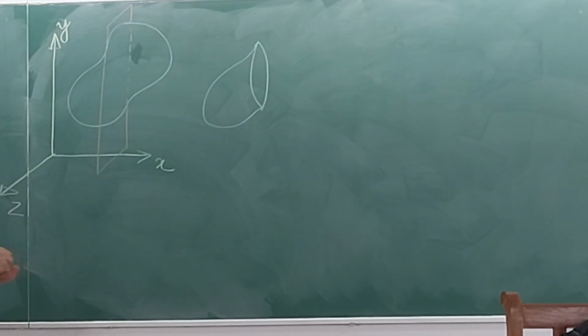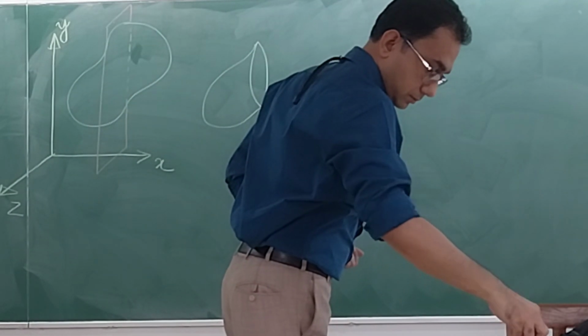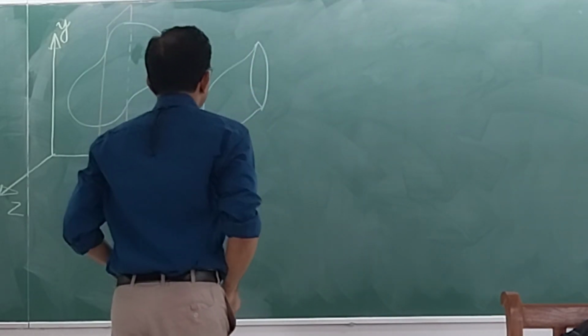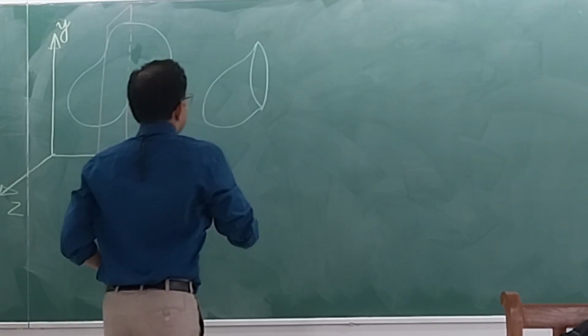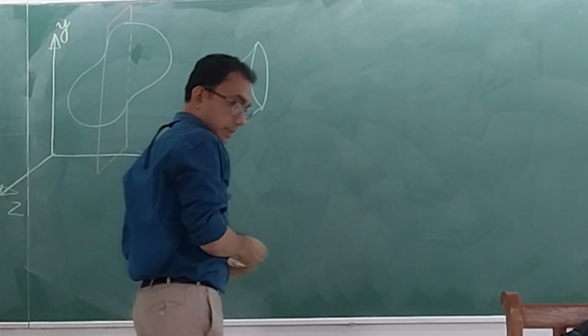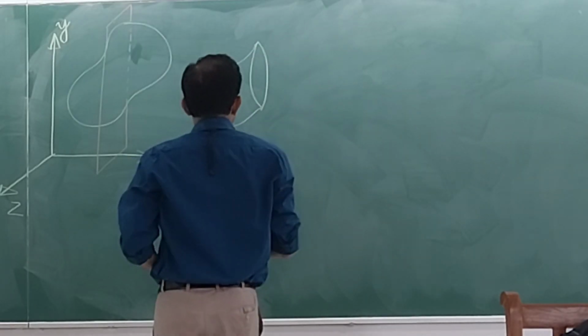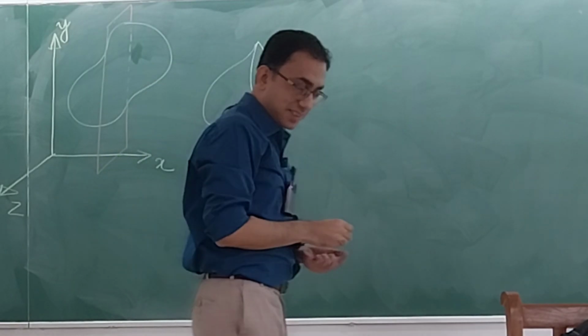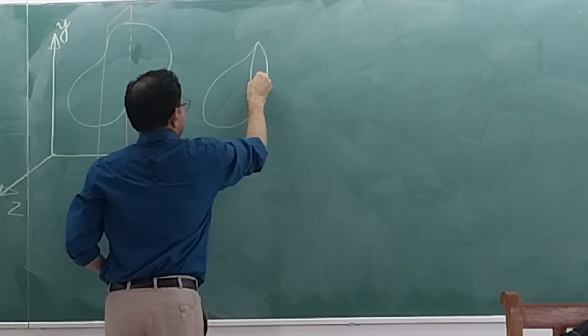This is my exposed surface, and let's say that my traction vector, I don't like the colors, so maybe this.